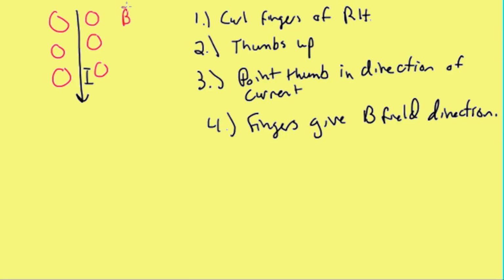So there's a B field, and then on this side the B field is coming out of the screen at you, so that gets a dot, like it's an arrow coming at you. And then on this side the B field is into the screen, so it gets an X.